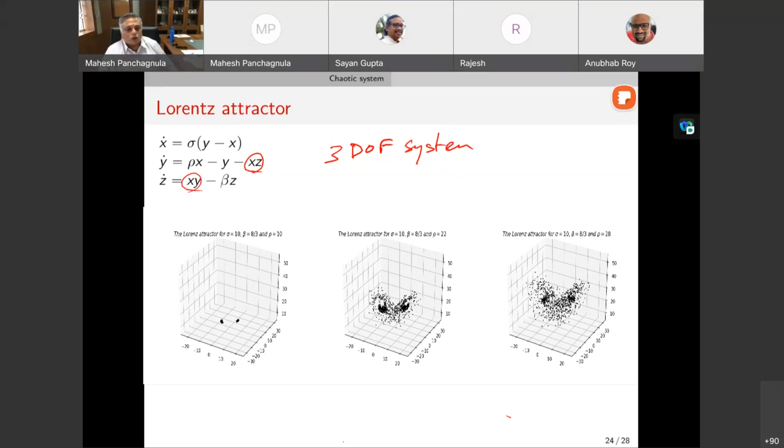whereas the rightmost values that you have for sigma, beta, and rho are where you have a fully chaotic system. In this particular video, it's not very clear, but all the points are not just scattered all over the three-dimensional box. Even though I may start with initial conditions that are all over the three-dimensional box, they are attracted towards a lower dimensional object. And that is what we were talking about as the correlation dimension when we discussed randomness versus chaos.